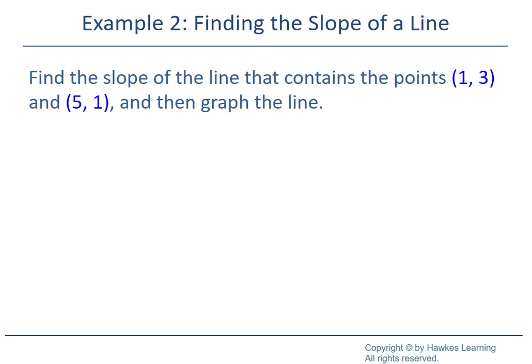So in this next example, here are our points. We'll designate that as the sub 1's, and this is the sub 2's. So we're going to have 1 minus 3, then we're going to have 5 minus 1.